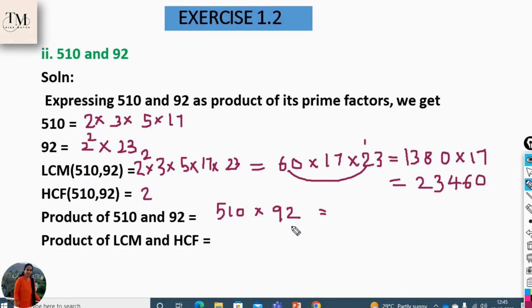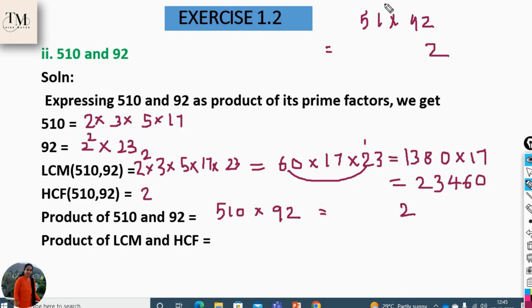So 510 into 92. I should start with the units place. So I should multiply the ones value, 0 into 2, 0. So next for Y place, we have to add the product of inner value and outer value.